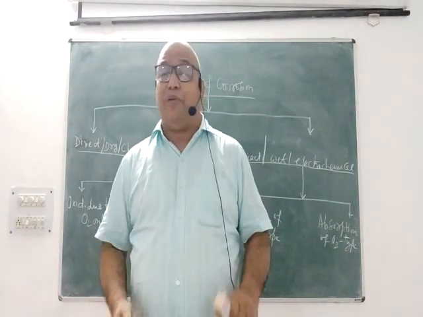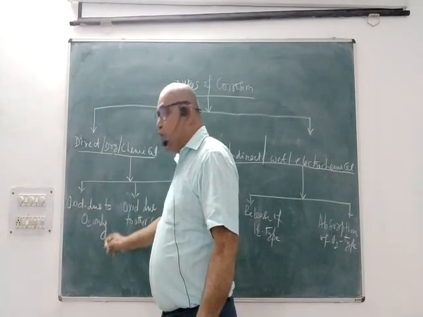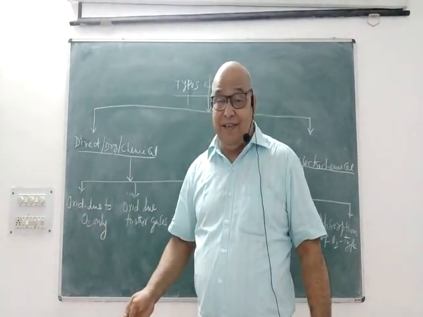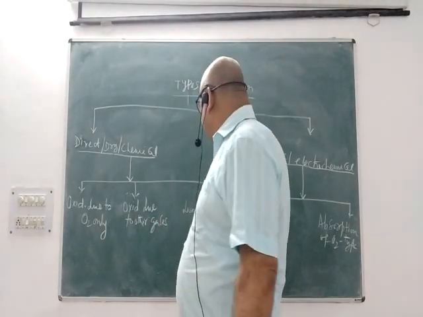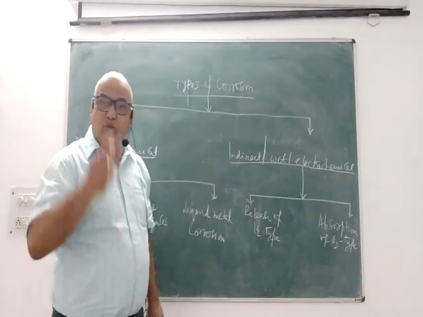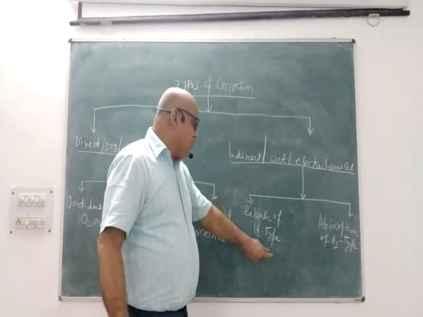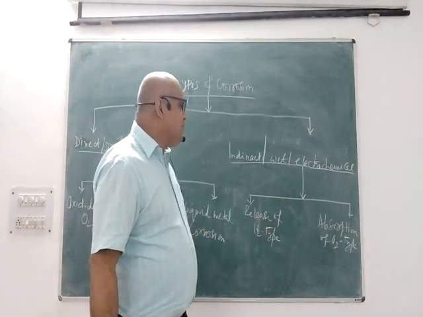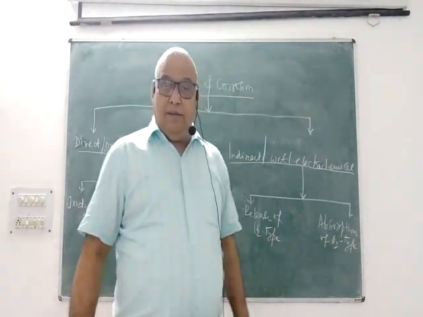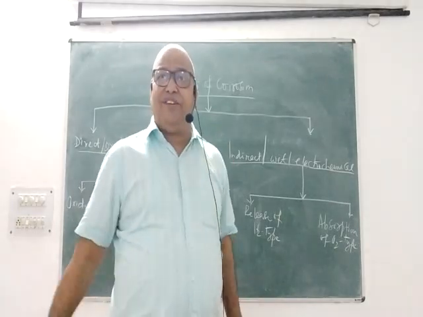We are talking about that only. And electrochemical type may be classified into two categories. Number one is the release of hydrogen type mechanism, and number two is the absorption of oxygen type. This is all about your classification.